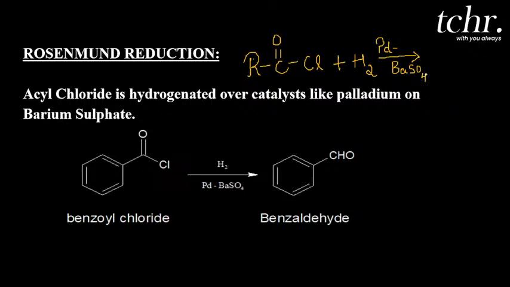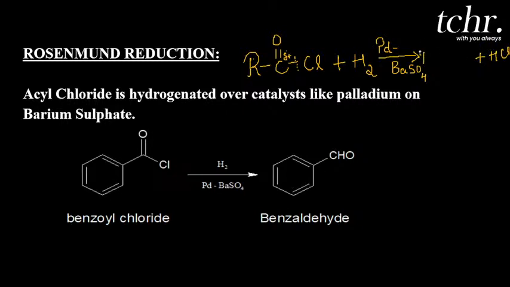So how will this hydrogen be added? Students, you know that in the bond between the carbonyl carbon and chlorine, the carbon has a partially positive charge, correct? And chlorine has a negative charge. Now, what happens when the bond between the carbonyl carbon and chlorine breaks? The chlorine will go out with one hydrogen as a byproduct, HCl. What happens to the remaining one hydrogen?